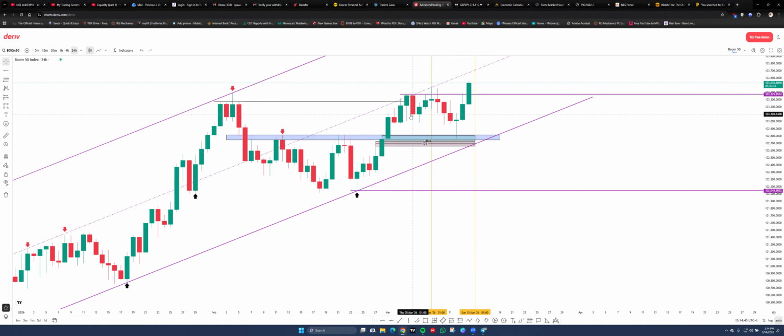But then we could have shallow retracement. I think I've seen several times when the market did a shallow retracement here, something like that, and finally, oh wow, it's too high.